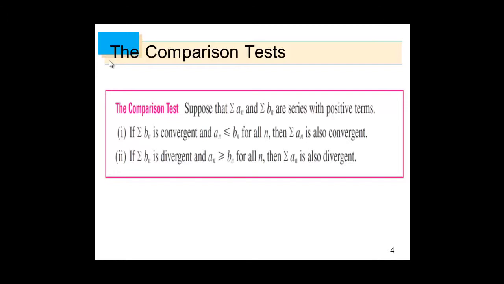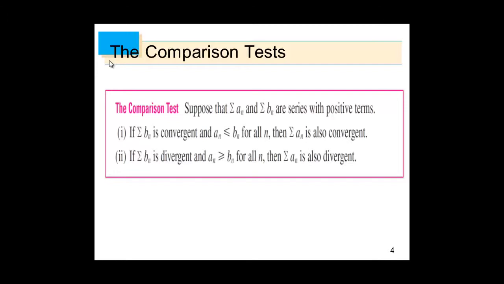Right? The second one is saying that suppose that the sum of Bn is divergent. That would mean that the nth partial sum for this sum is going to infinity, because this is a series of positive terms. So if this series is divergent, it means that the limit of the nth partial sum is infinity.